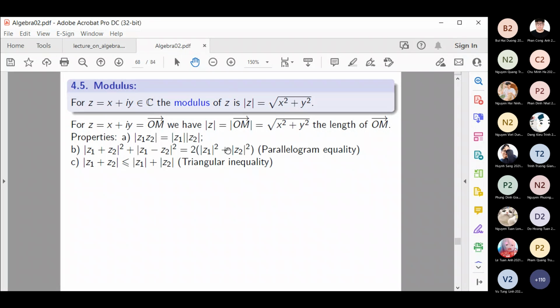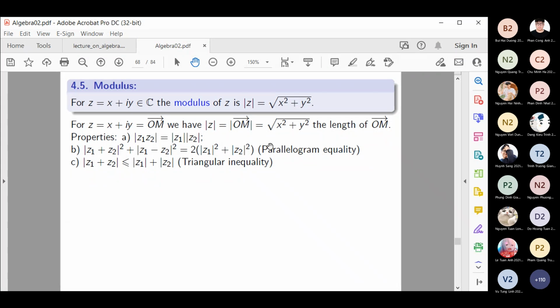And now again, I remind you of some properties that you already knew in high school. So the modulus of a product is the product of the moduli, and you have the parallelogram equality.